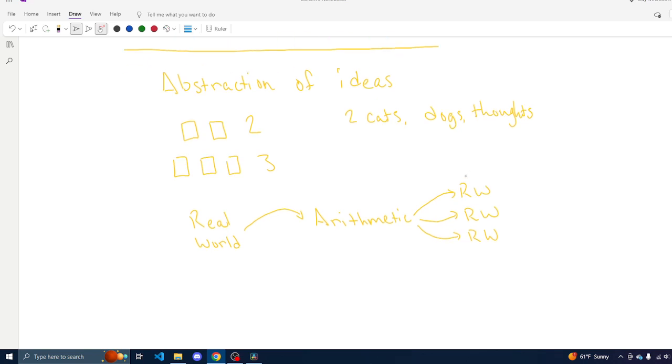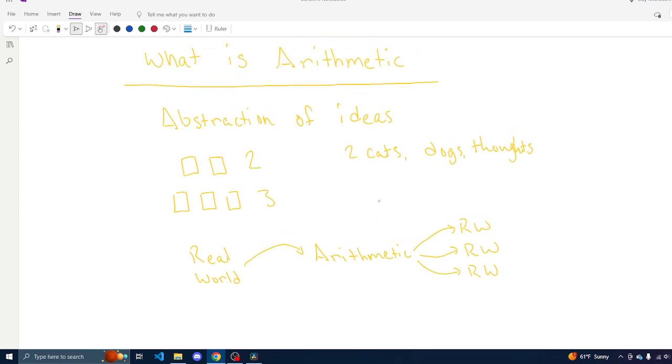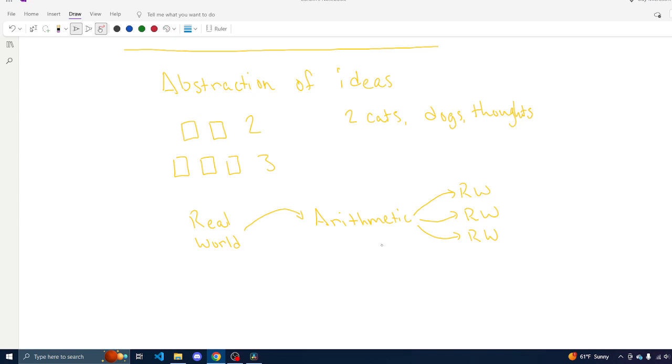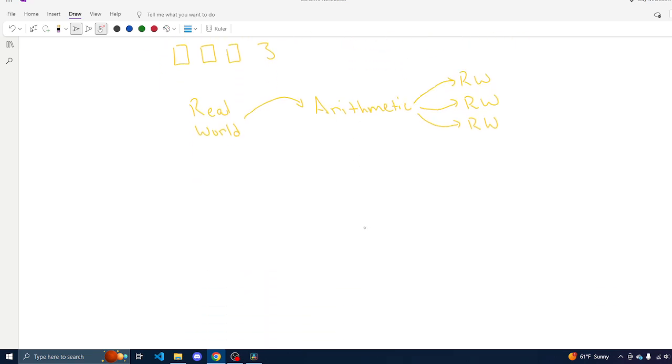And arithmetic isn't just this process of abstracting, but also manipulating the abstractions that we gain. So in this case it'd be numbers, but it could also be other forms of data. And let's see an example of that. So let's say we have 2 cats, and we add 2 more cats. Here, let's do some boxes here because I don't know if I can draw cats.